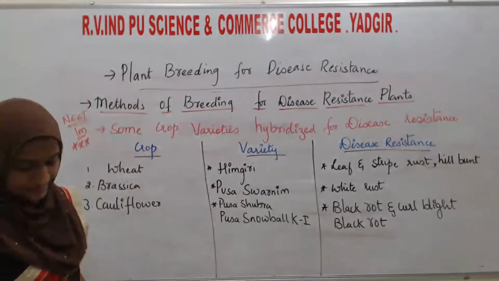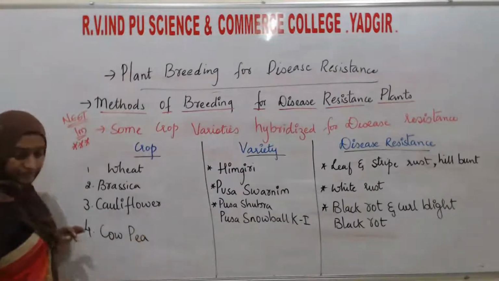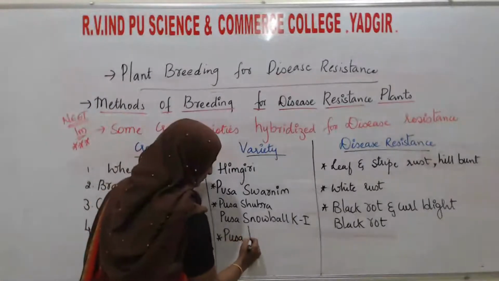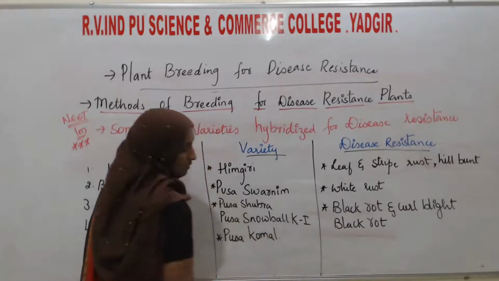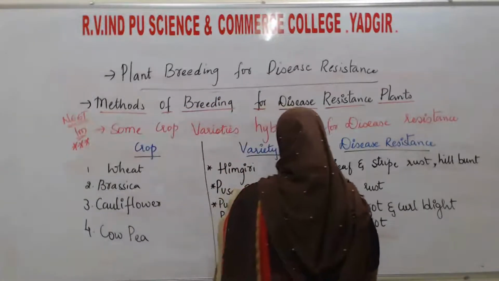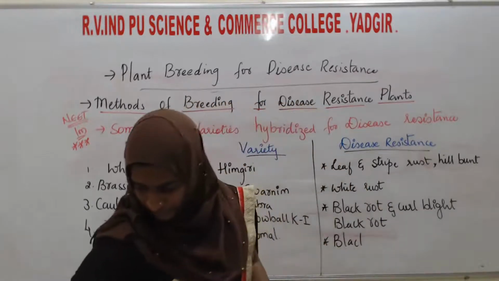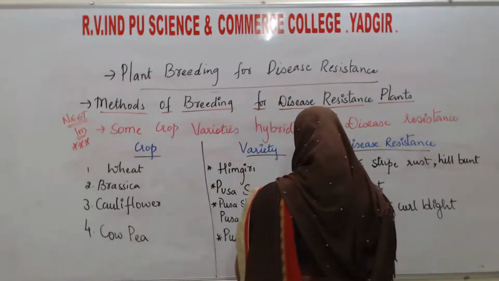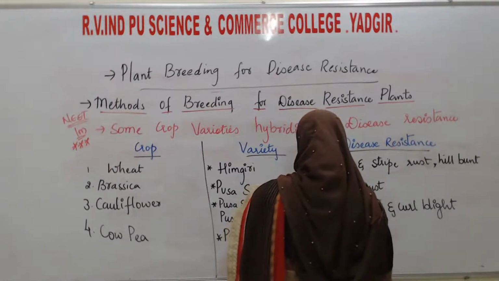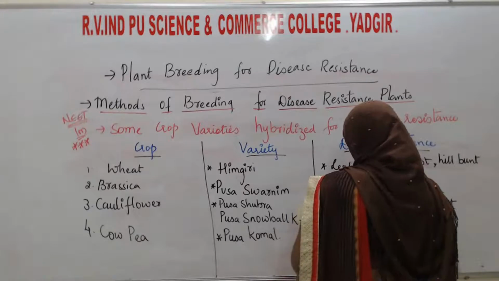Okay, the next, that is the cowpea. Cowpea, variety name is Pusa komal, and what is the disease means bacterial bleeder.